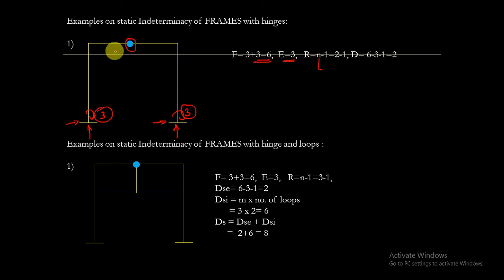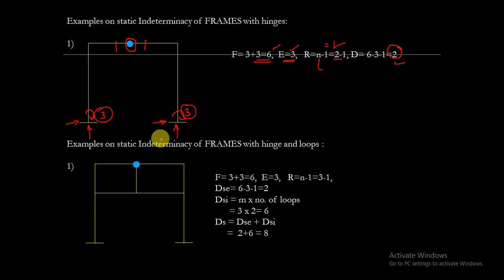N is nothing but number of members connecting to the hinge. This is the first member, this is the second member. Totally there are 2 members connecting to the hinge. That is 2 minus 1, that is equals to 1. And D equals 6 minus 3 minus 1, that is equals to 2. Static indeterminacy of this frame is 2.